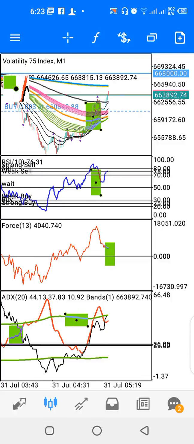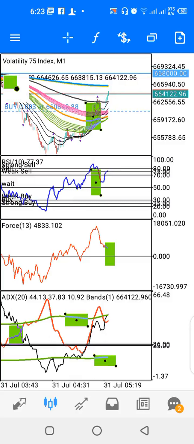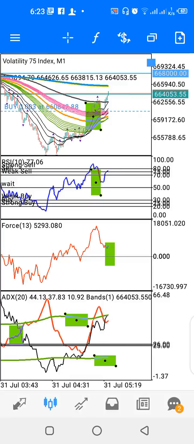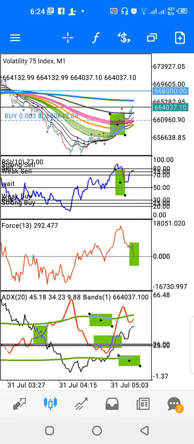This is the upper envelope, and this is the lower envelope band. So you see the black line crossing above the red line at the midpoint. This is your midpoint. That's where you place your buy position.